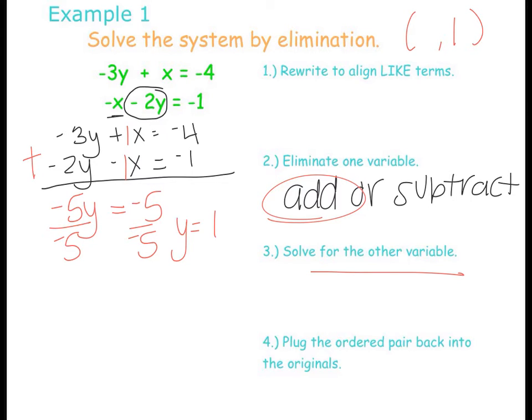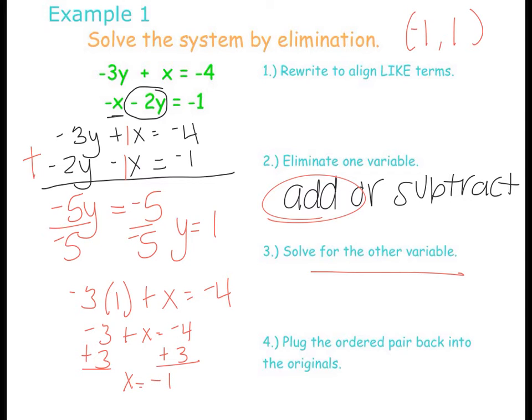I'm going to choose the top one, negative 3 times, instead of y, we're going to fill in 1, plus x equals negative 4. Now let's solve. Negative 3 plus x equals negative 4. We can add 3 on both sides, and we come up with the answer of x equals negative 1. That's the second half of our ordered pair. That means our solution is negative 1, 1.